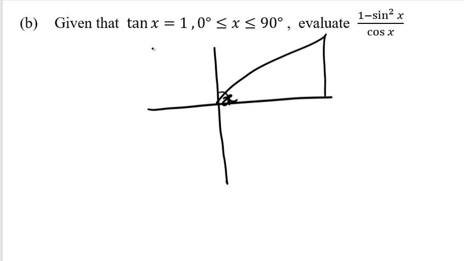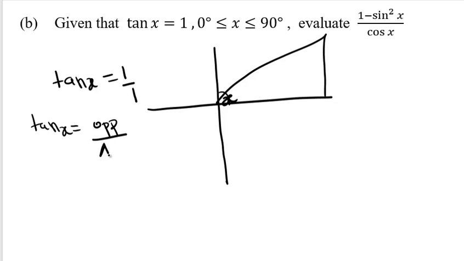We were given tan x, and per this tan x being equal to 1, it's the same as 1 over 1. So in this case, we know that tan x is opposite over adjacent.